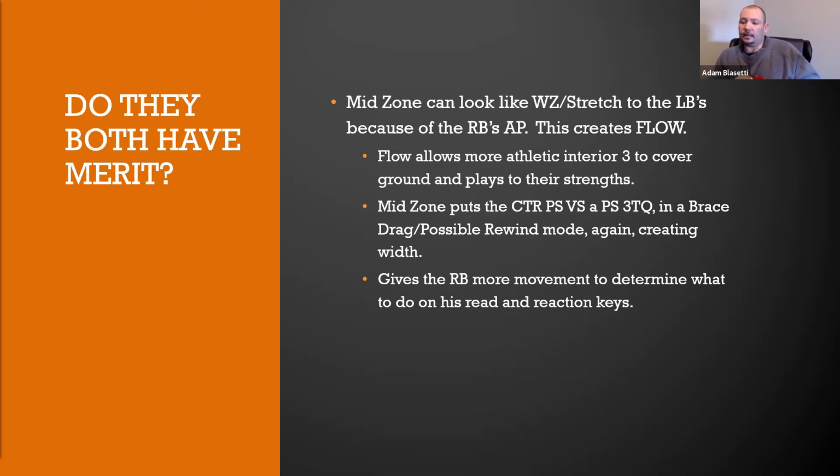Now they're in mid zone versus the same front, the center will commit himself front side to the 3-tech, leaving the backside 2-eye on an island with the left guard in this case. And how I coach it is I have the center take what I call a brace drag.